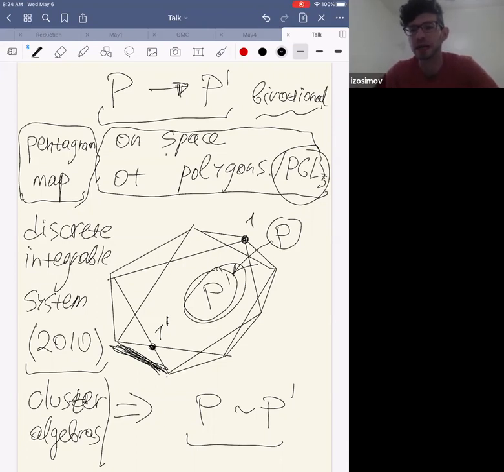Of course, this doesn't yet provide any integrability. It's not clear why this should be an integrable map, and in general, it's not the case.